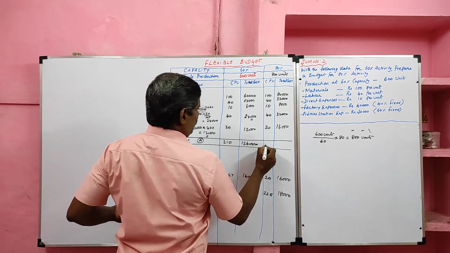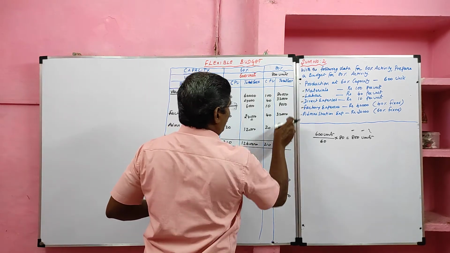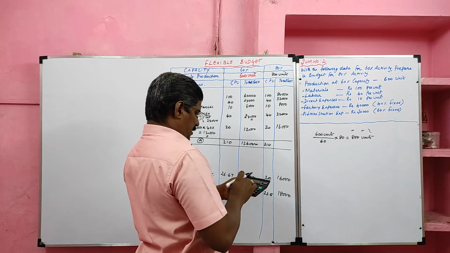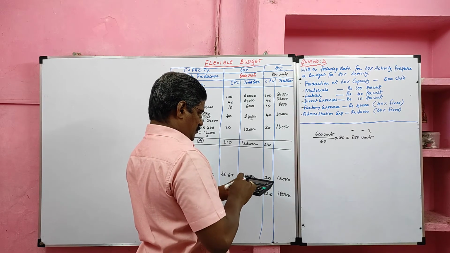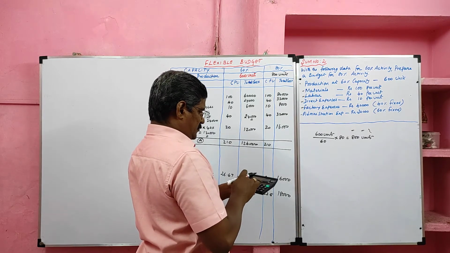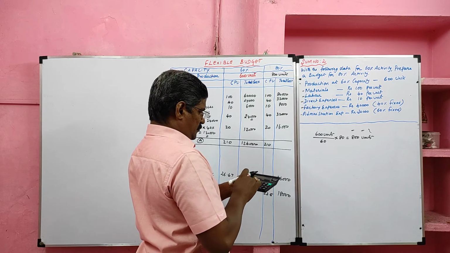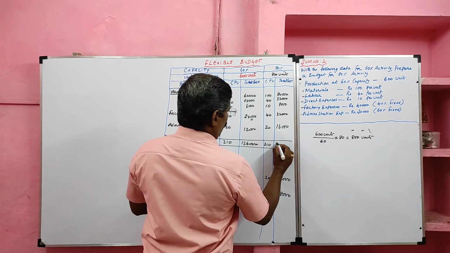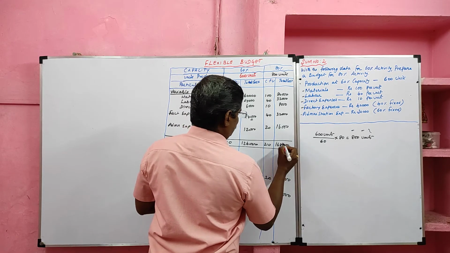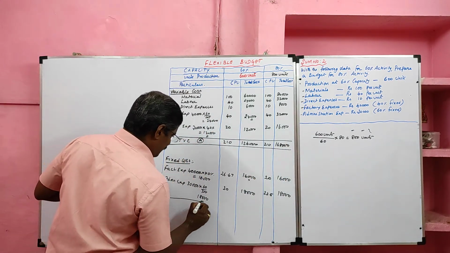Cost per unit of variable cost always remains constant. Then for 800 units we add 80,000 plus 32,000 plus 8,000 plus 32,000 plus 16,000, which gives 1,68,000.